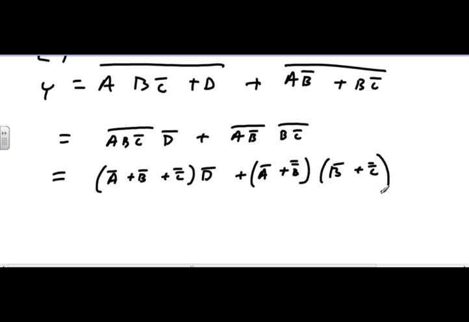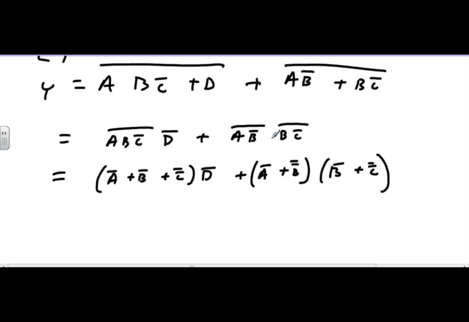On the second line, should there be an or between the A, B, and the C? No. There's an or here, and I got it inverted, so it becomes an and.